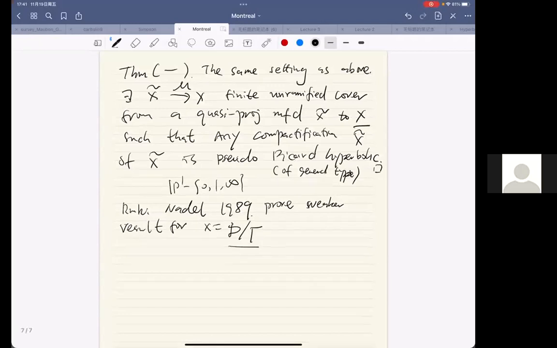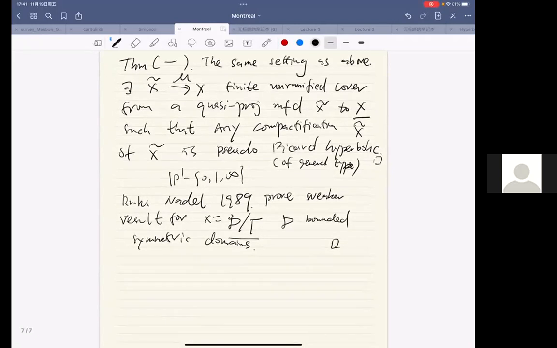So this is also a generalization of the theorem by Nadel, but later Nadel's theorem was improved by Eyssidieux, but I don't have time to explain this.